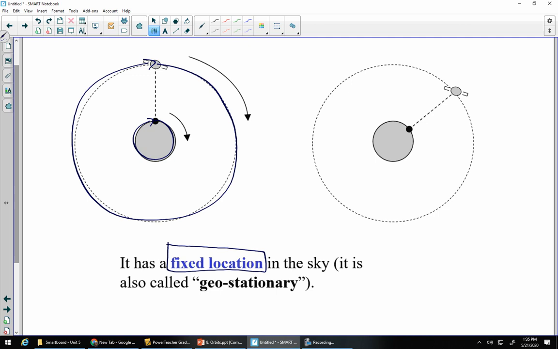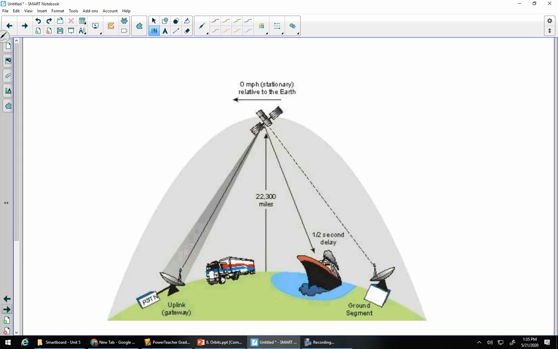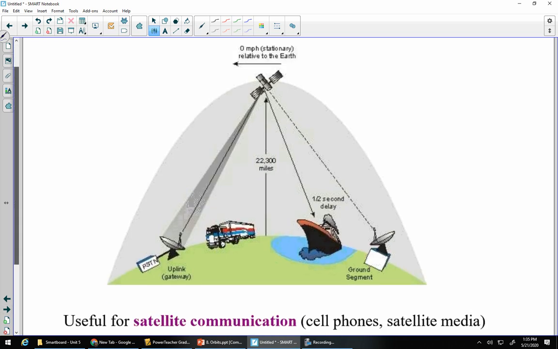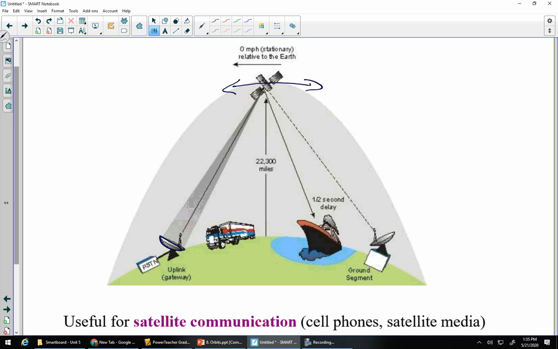Any ideas why this is important? Pretty much everything communications, this is important for, right? So for satellite communication. Just imagine with your satellite dish, if this satellite was constantly moving across the sky, you would have to constantly orient your dish in order to communicate with the actual satellite, and that would be an annoying pain in the butt.